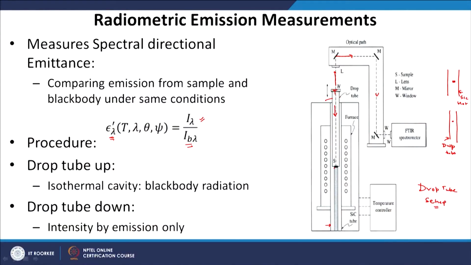There are many detectors that measure radiation at a given wavelength, but the advantage of FTIR, the fast Fourier transform infrared spectrometer, is that we can measure the value of emittance over a range of wavelengths in a single experiment. So, by taking the ratio of the two measured intensities, once when the drop tube is up and the second when the drop tube is down, the ratio gives you the spectral normal emittance of the sample.